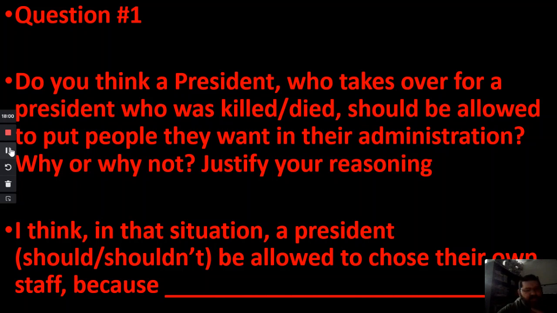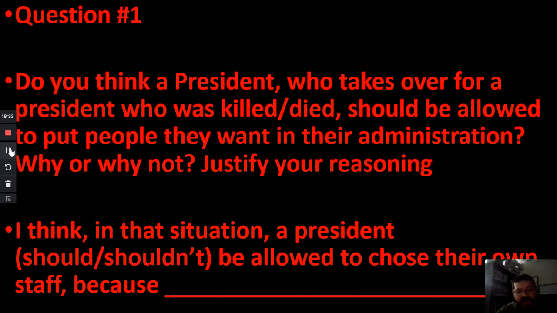Get a new Secretary of War, Secretary of State, Secretary of Education, Secretary of Interior, things like that, or should they have to keep the same people that the former president had? The person that wanted them to be their vice president, should they have to keep that person's staff around? Or should the person who's going to be president now be allowed to pick their own people? What do you think?